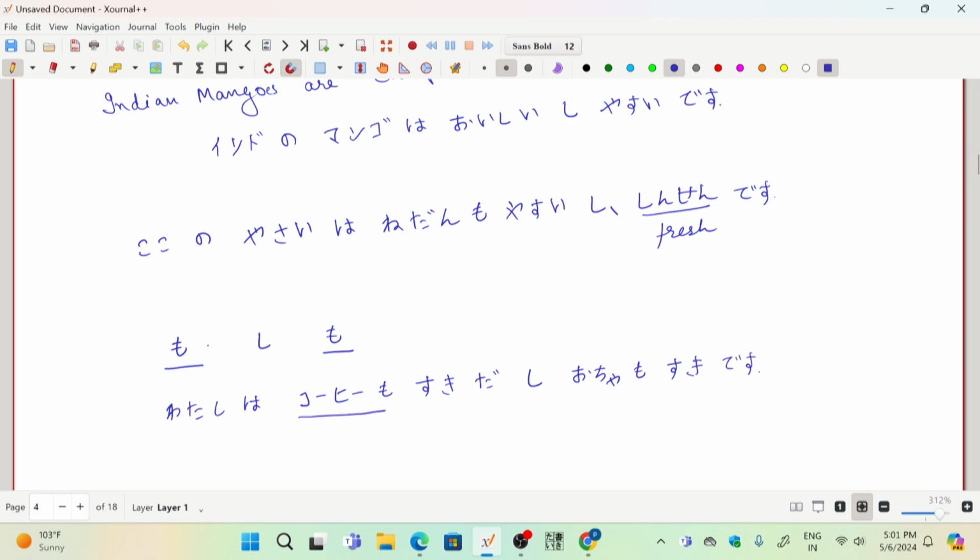So we can connect it with shi because both the adjective to describe ocha and kohi is suki. So I like coffee as well as tea. So mo shi mo pattern will be used in this way.